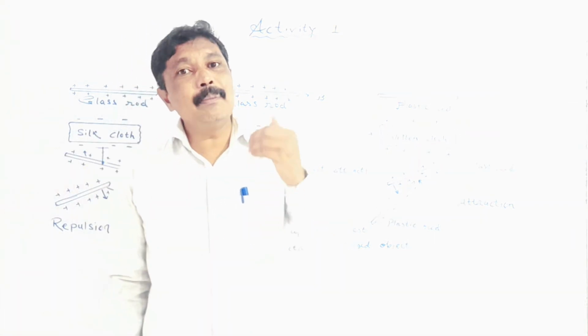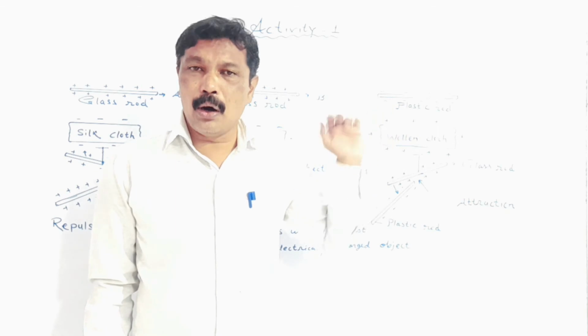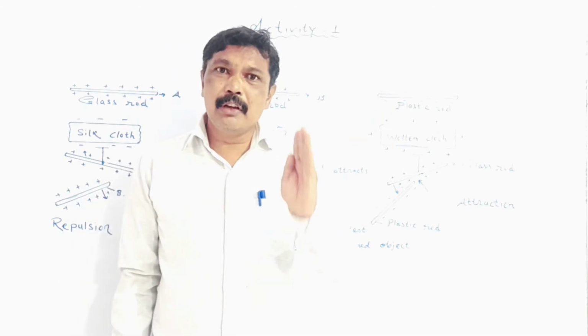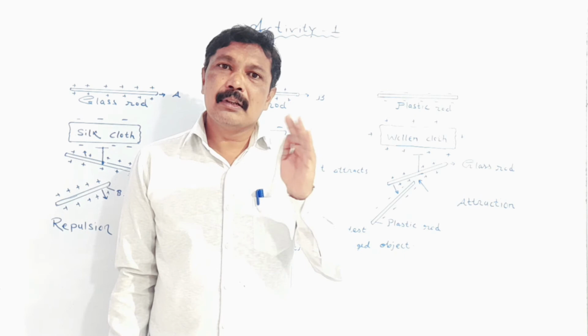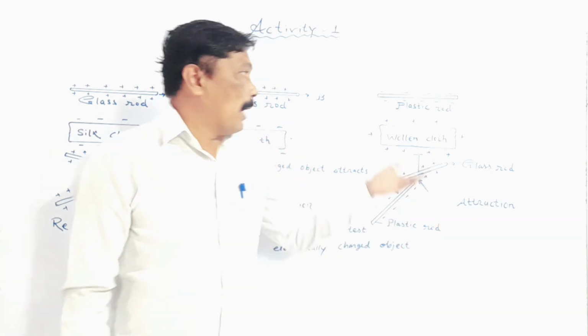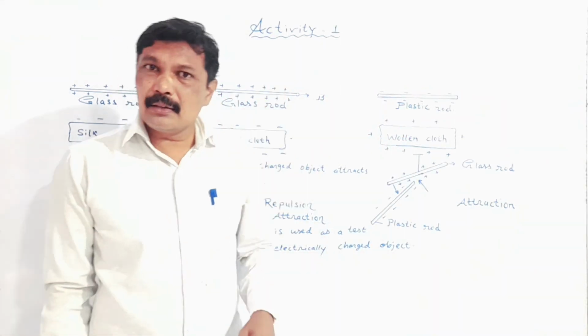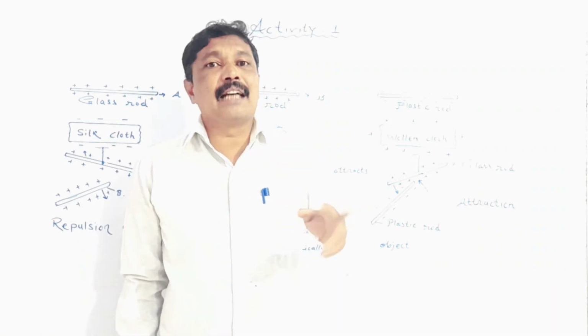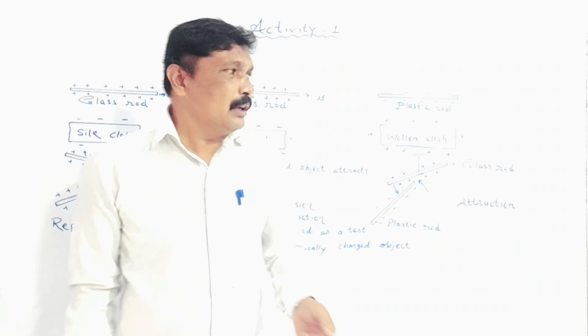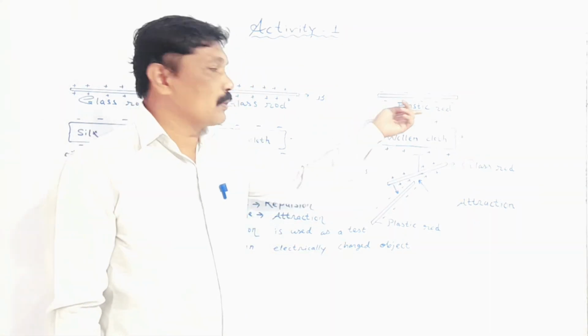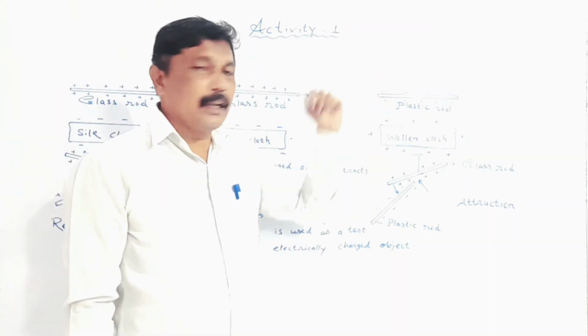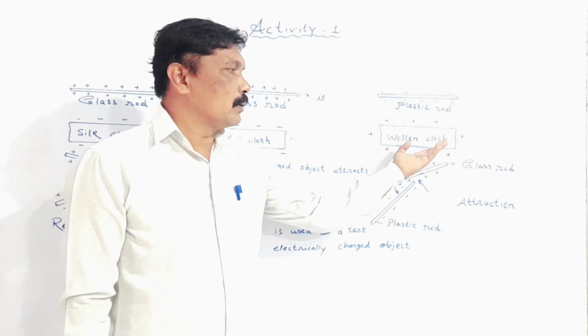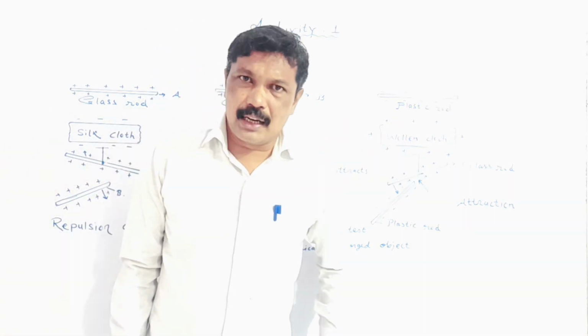Now we have to develop a charge on both objects. What will we do? We will rub them against each other. My dear student, when the plastic rod is rubbed on the woolen cloth, charges are developed. It is found that the plastic rod develops negative charge and the woolen cloth develops positive charge.